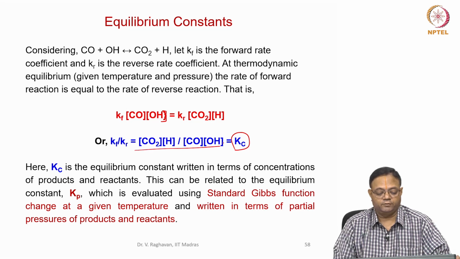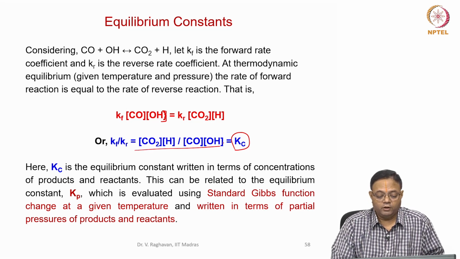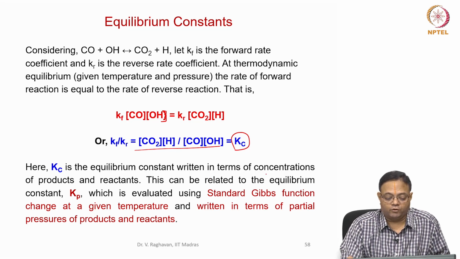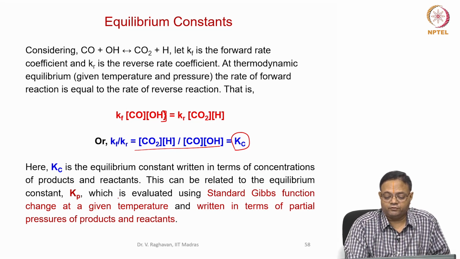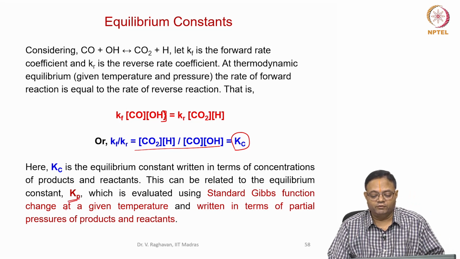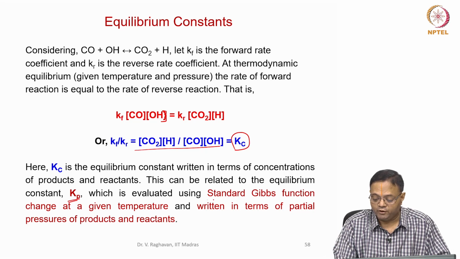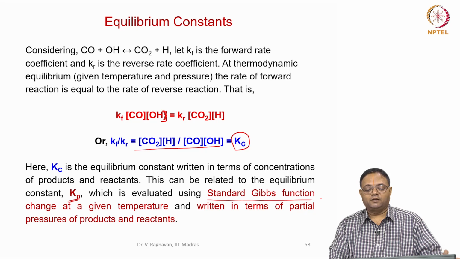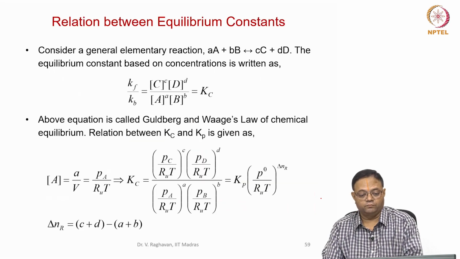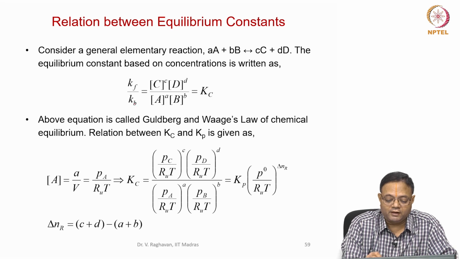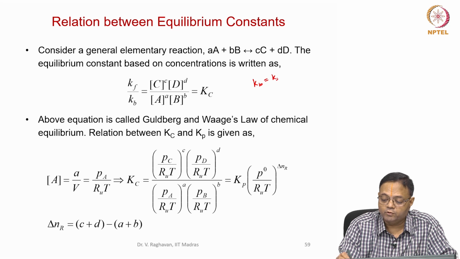This is the expression I have. Now Kc, which is the equilibrium constant written in terms of concentrations of products and reactants, can be related to Kp, which is derived using the standard Gibbs function change. So by this I can calculate Kf or Kr. Here Kb is the backward or reverse reaction, so Kb equals Kr, just for you to remember.